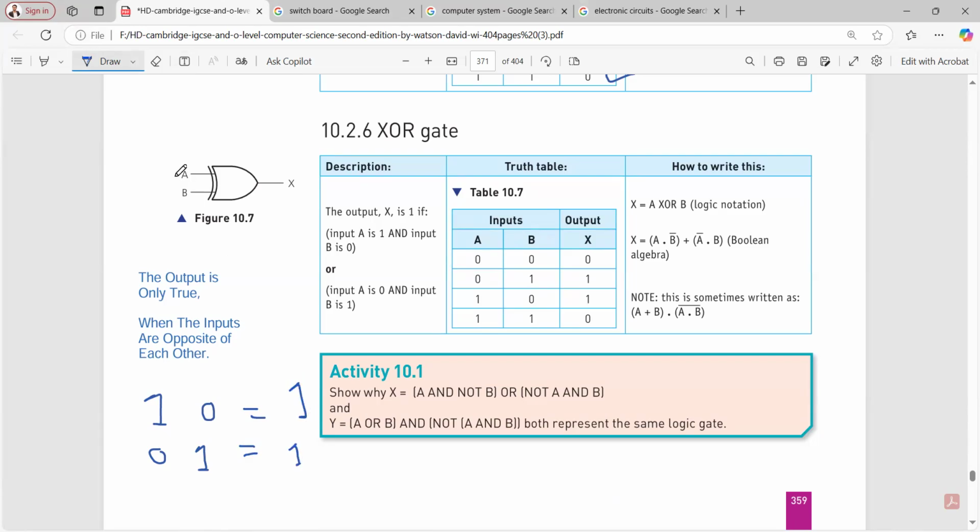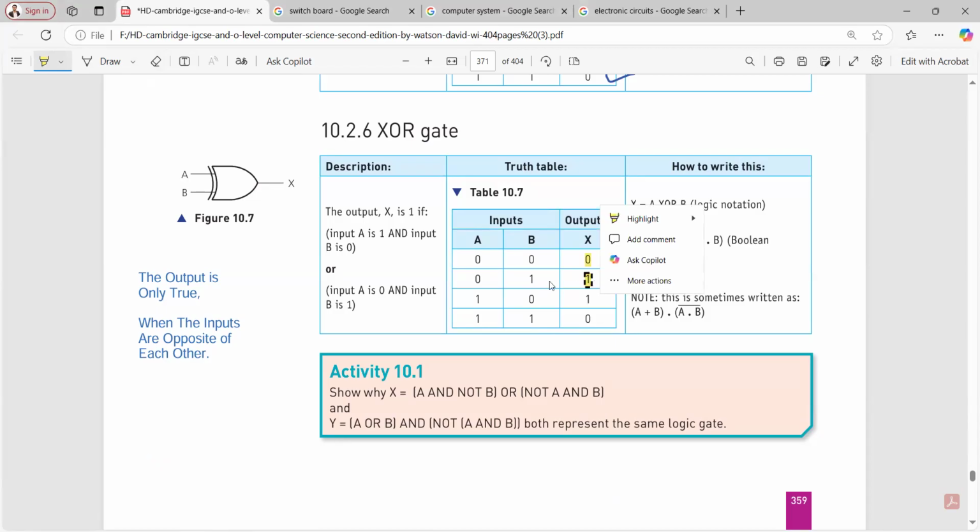Are you getting it? Yes. Now let's check the truth table. If I have 0 and 0, is it opposite or same? Same, so it will be 0. If it is 0 and 1, this is opposite, so this will be 1. If it is 1 and 0, it will be opposite, so this will be 1.